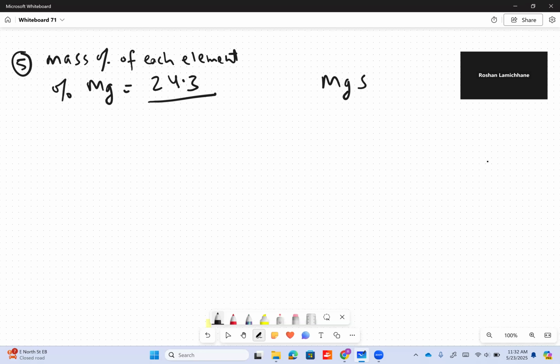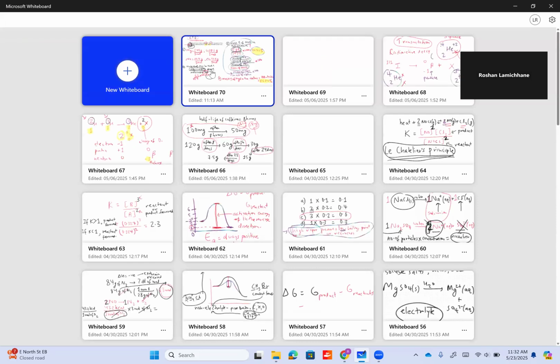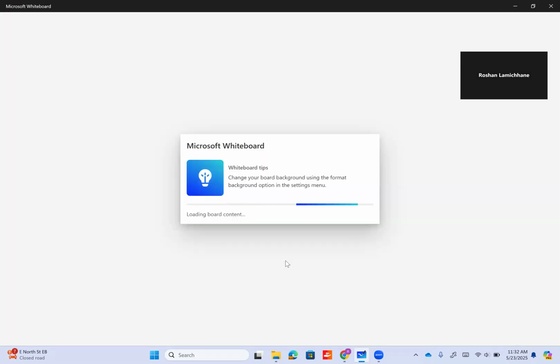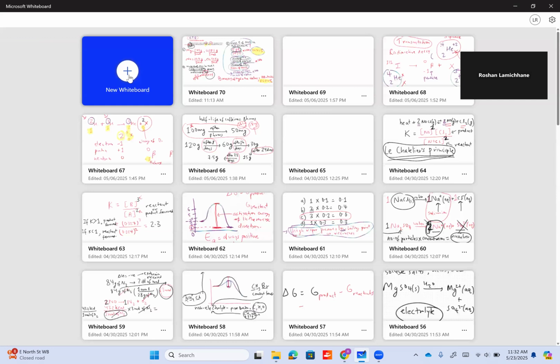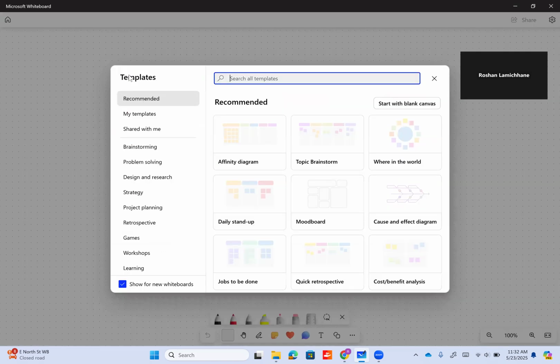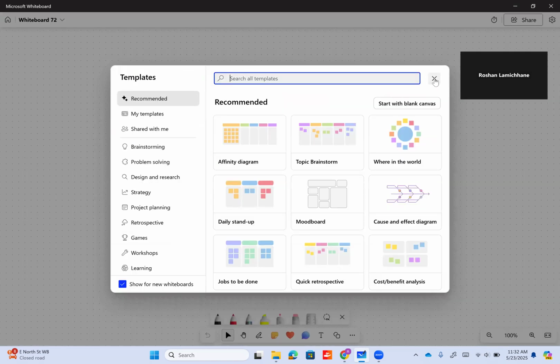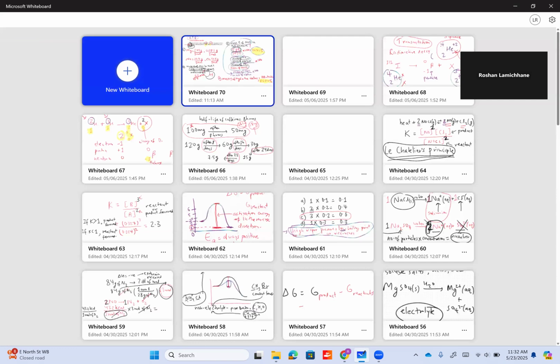If you go back to our earlier slide, we figured out the mass percent of MgS in the mixture.